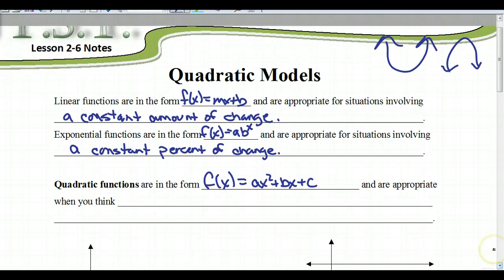Yeah, y and f of x mean the same thing, really, okay? But sometimes when we're talking about functions, they like to use the f of whatever or the h of whatever. Yes? We're going to be doing some quadratic formula, and we're going to be finding the axis of symmetry and fun stuff like that.